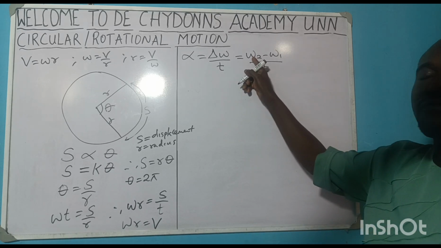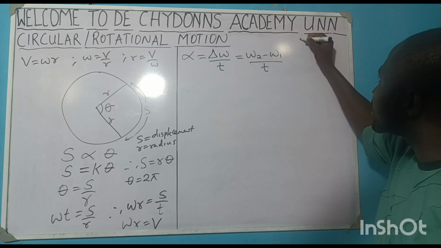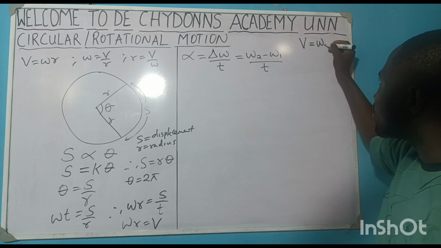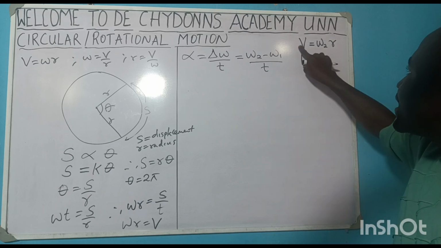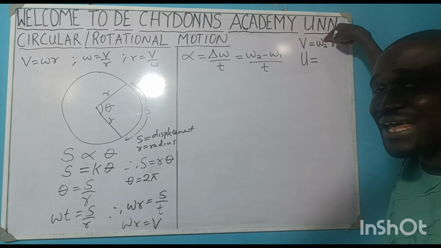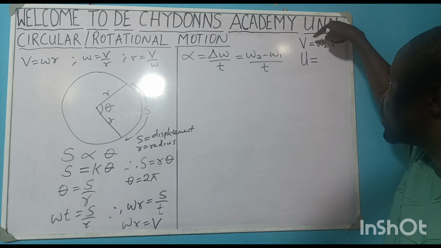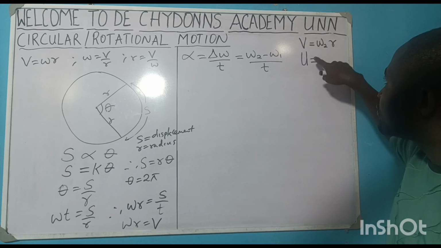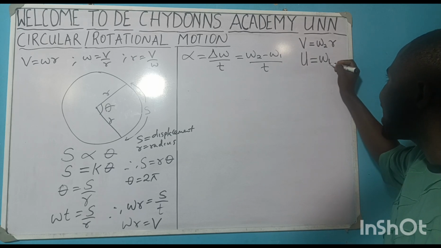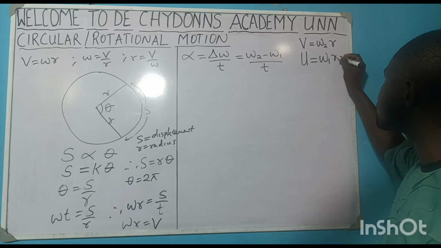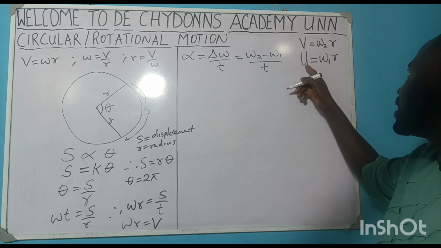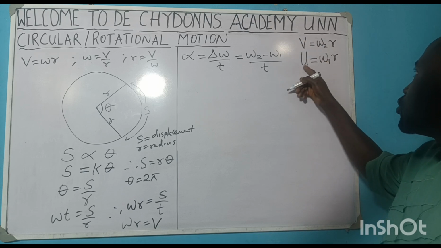Final linear velocity equals final angular velocity times r, so V equals W2r. Then initial linear velocity is initial angular velocity times radius. So W2 equals V over R, and W1 equals U over R.